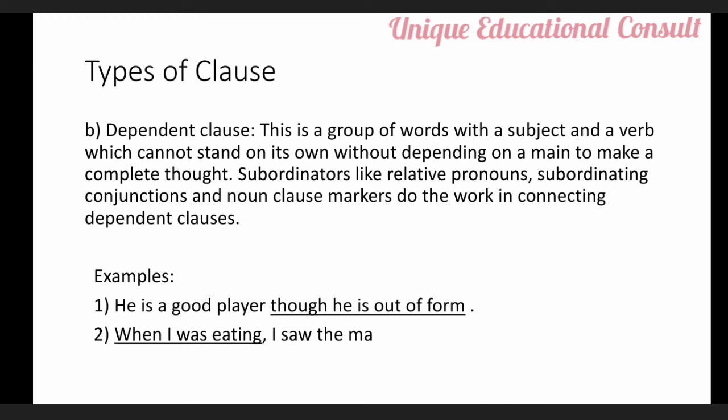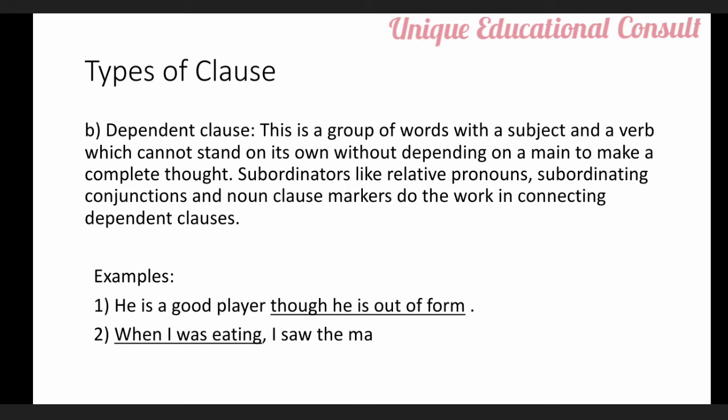Now the second sentence, when I was eating, I saw the man. When I was eating, I saw the man. That is the whole sentence. So I saw the man in that sentence is a complete sentence, which means it is what? A main clause or an independent clause.